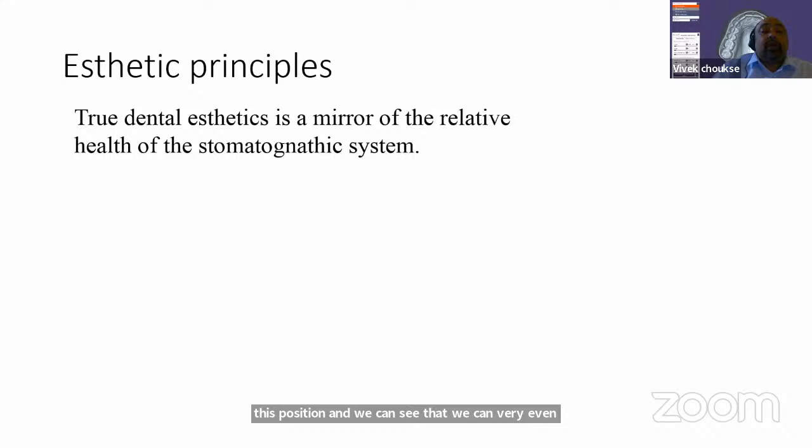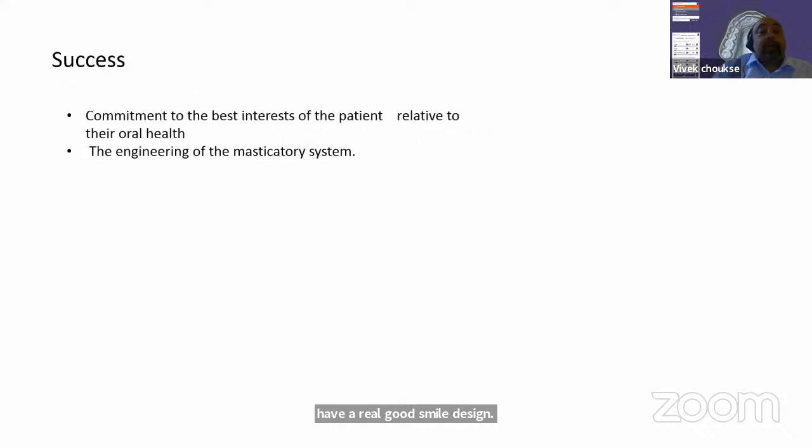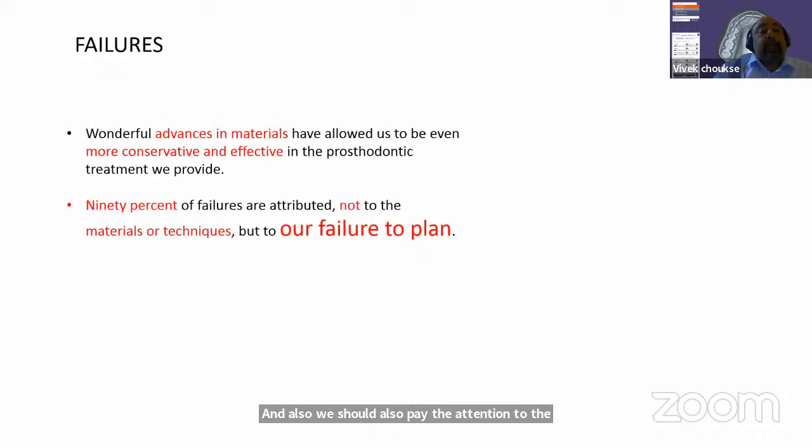So we have to stick to certain aesthetic principles if we want a really good smile design. How does the success of aesthetic treatments depend? It depends on the commitment to the best interest of the patients relative to their oral health, and we should also pay attention to the masticatory system of the patient. And how does failure happen?